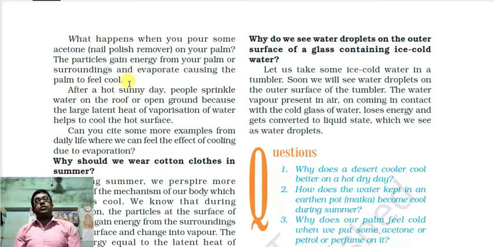So if we put one drop of acetone or one drop of spirit in our hand, we feel cold. Why do we feel cold? Because the drop undergoes the vapor state, and for the change from liquid to vapor state the latent heat required is taken from the surroundings and from the palm of our hand, which causes cooling, and we feel a cooling sensation.